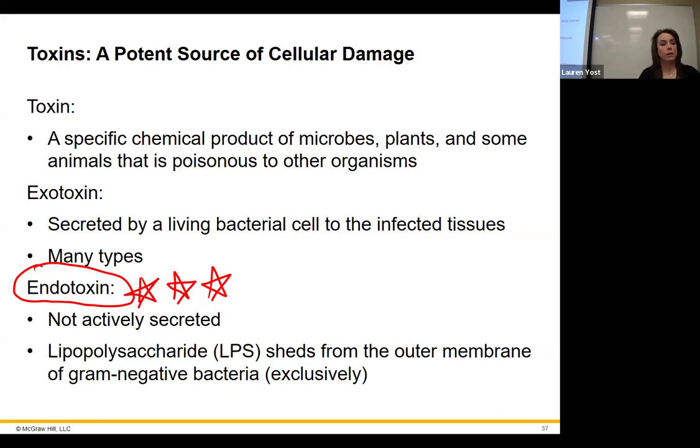So endotoxin, it's a toxin to us, right? That's why we call it a toxin. It's just a molecule on gram-negatives in general. And any of the gram-negatives, it can cause you to get a fever and inflammation. It basically triggers your body, which sees it as, this is a bad guy, time to respond immediately. So it doesn't even need antibodies made yet at that point. It can respond to that immediately. So endotoxin is part of gram-negative bacteria in general.